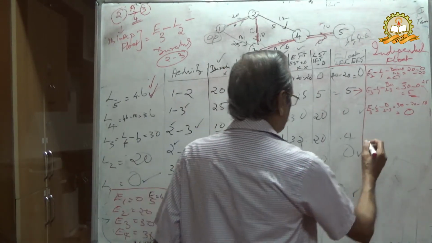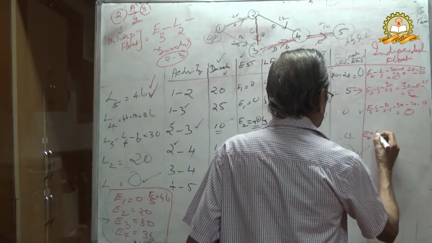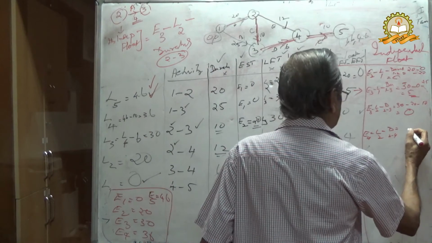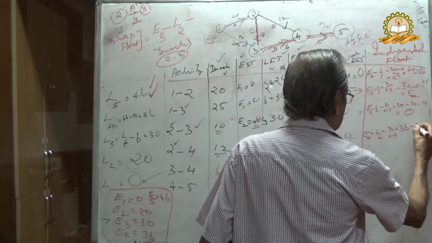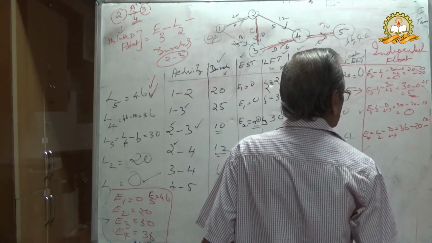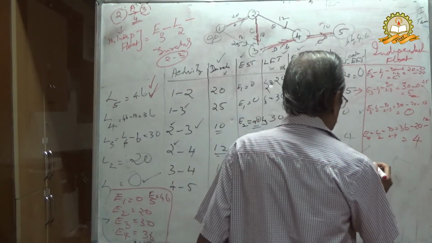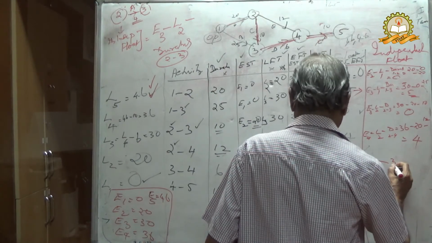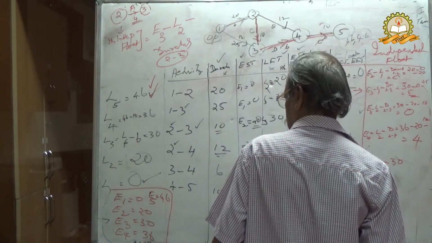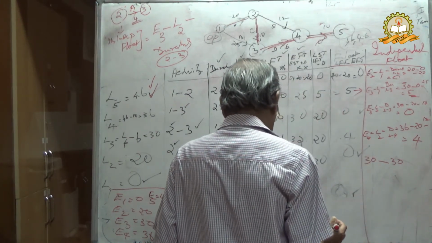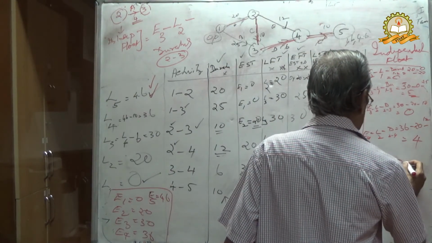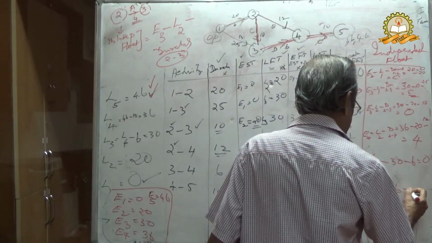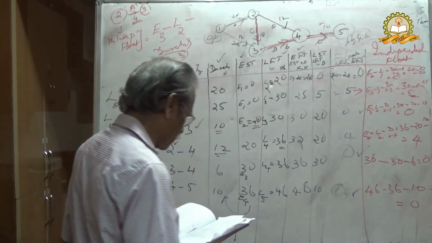Then for 2-4: E4 36 minus L2 20 minus duration of 2-4, 12, equal to 4. For 3-4: 36 minus 30 minus 6 equal to 0, and the last one similarly 46 minus 36 minus 10 equal to 0. That is your independent float.